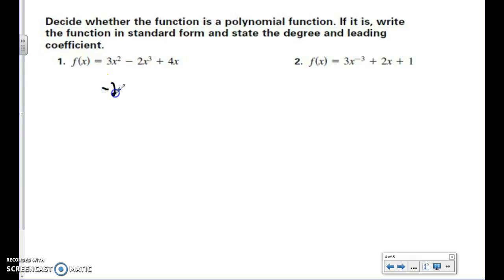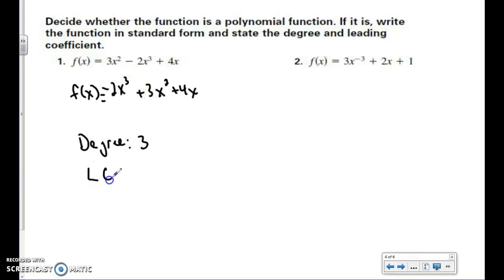So if I were to rewrite this, negative 2x cubed is my highest power, so that is my first term, plus 3x squared plus 4x. That is standard form. The next thing we have to do is identify the degree. My degree is 3 because that's the highest power. My leading coefficient is the number that goes in front of the highest power, so that's negative 2.